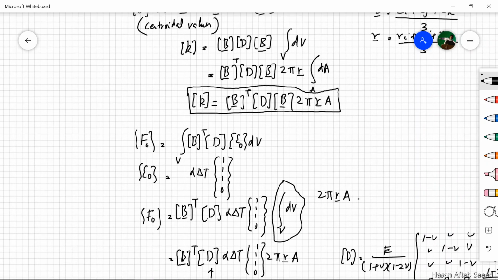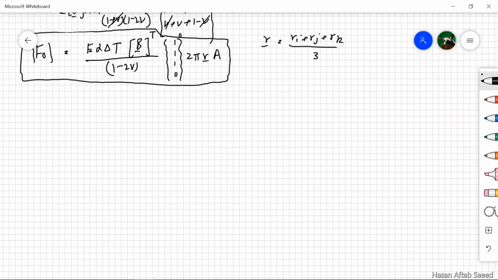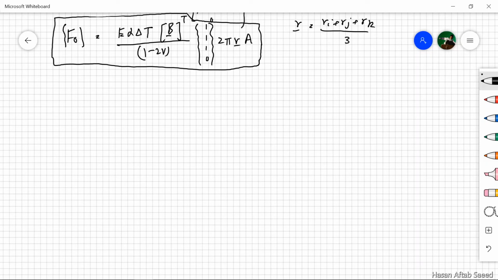Now the next vector to be calculated is the body force vector. Body force vector again will be starting with the usual expression and transpose, R, Z. These are the body force components in the radial and the axial direction.